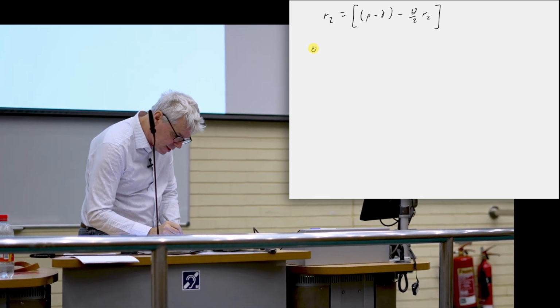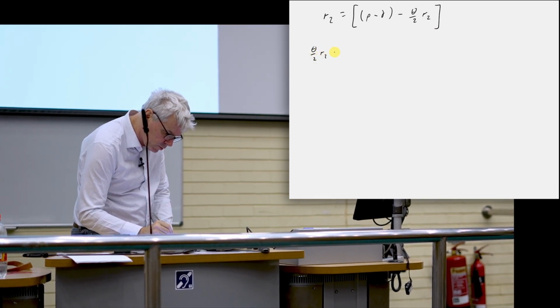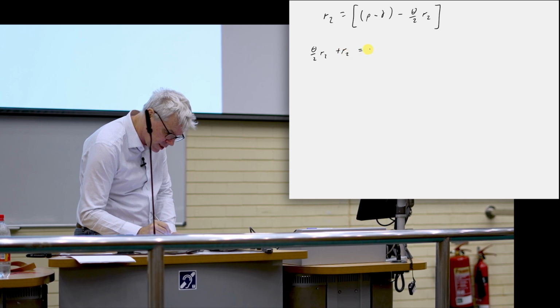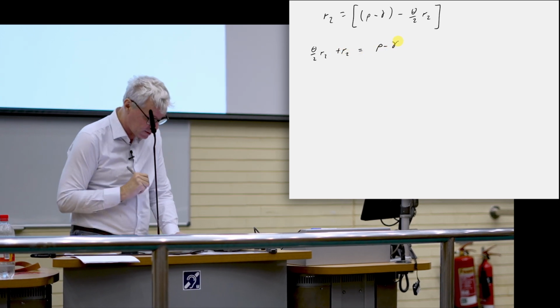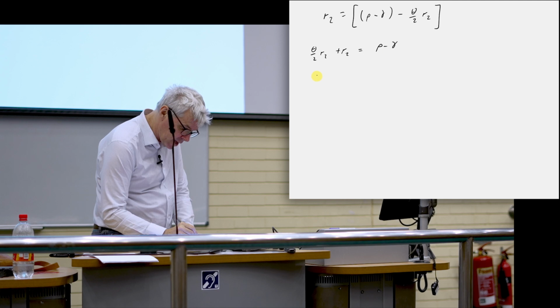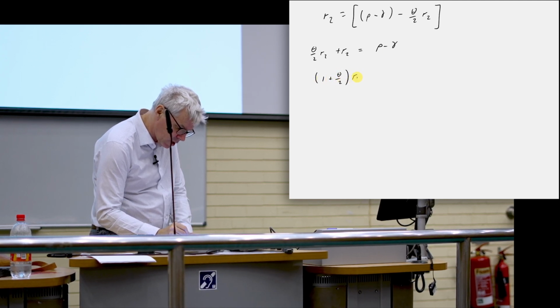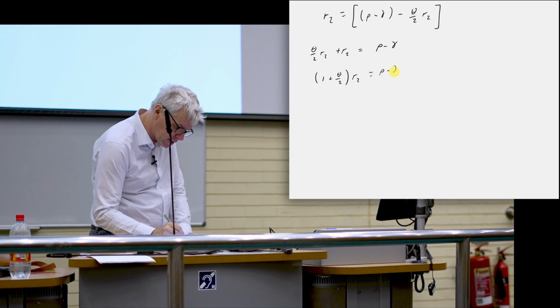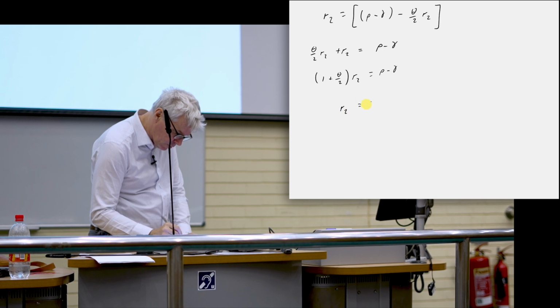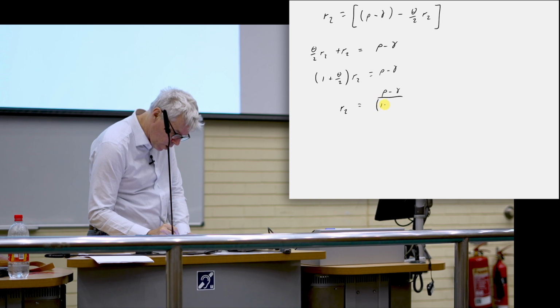So I just need to solve this out, and I'm going to add theta over 2 R2 to each side. So I get theta over 2 R2 plus R2 is equal to rho minus gamma. Factoring that out, that's 1 plus theta over 2 R2 is equal to rho minus gamma, or R2 is equal to rho minus gamma over 1 plus theta over 2.